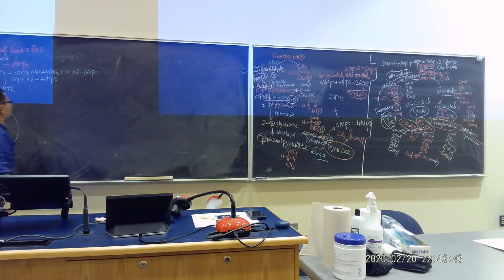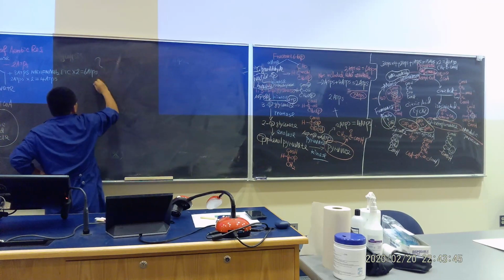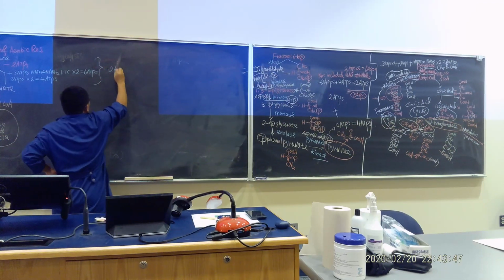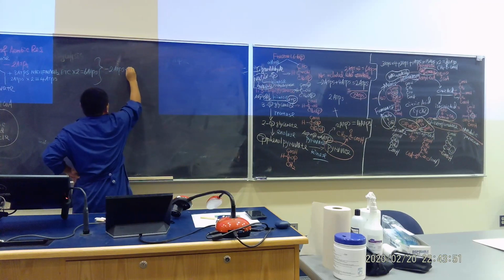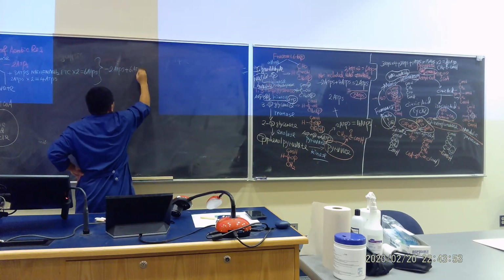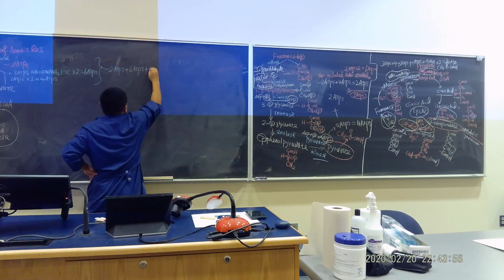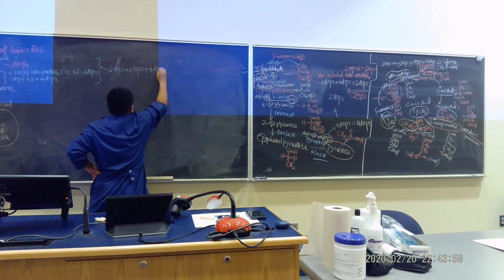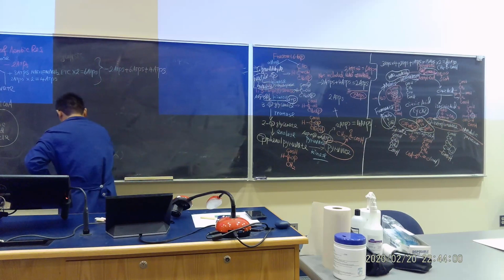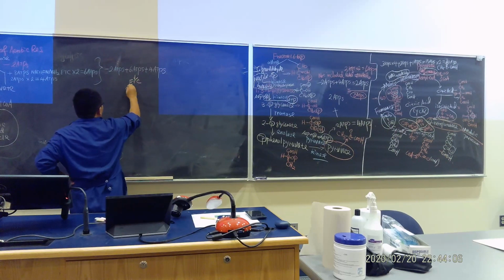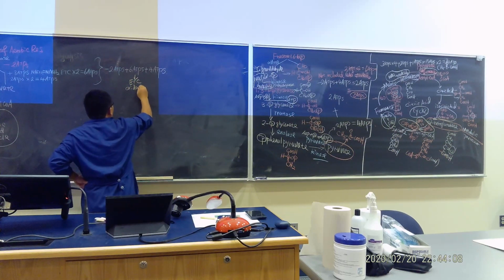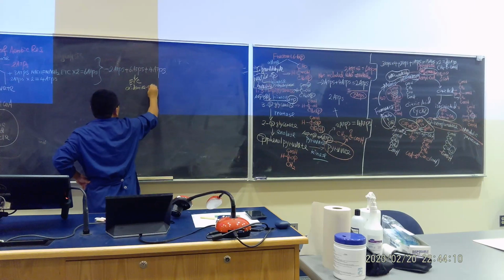So you add them together in the glycolysis stage: minus 2 ATPs, add 6 ATPs, add 4 ATPs. Now, do not forget, the 6 is related to the ETC, so it comes through oxidative phosphorylation.